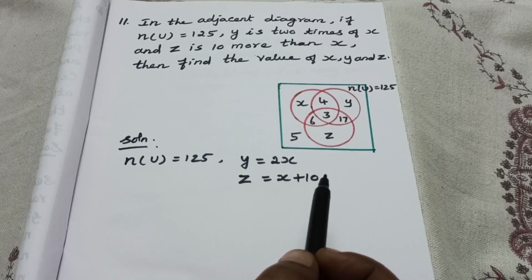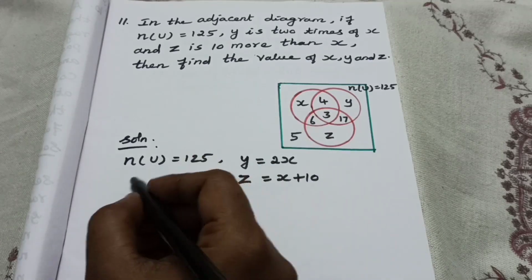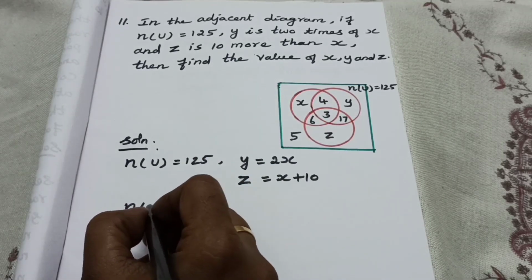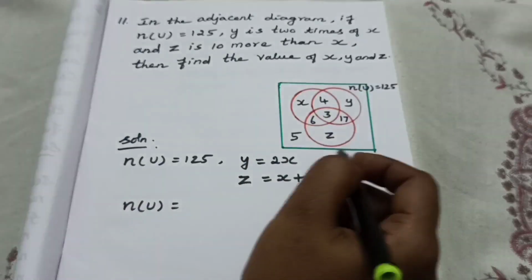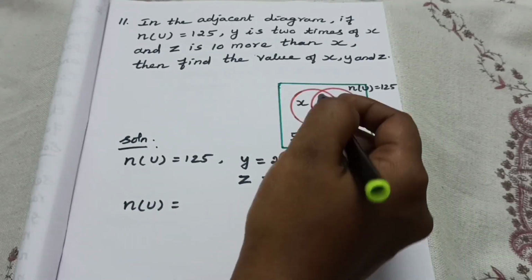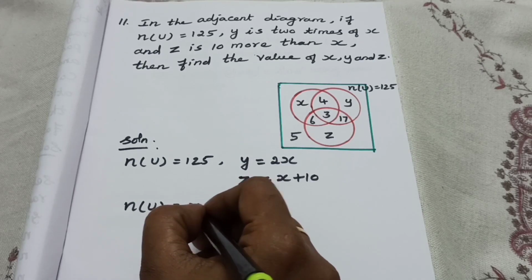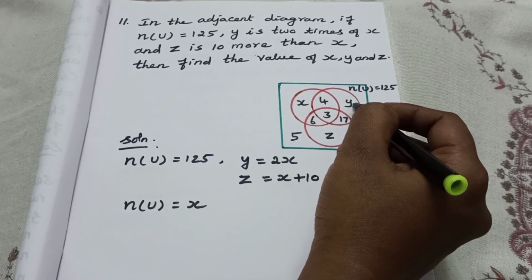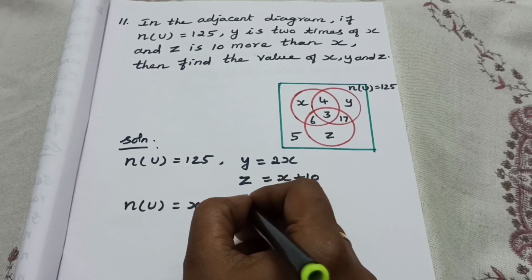This condition is also given. Then N of U is equal to all values added: X plus Y plus Z.